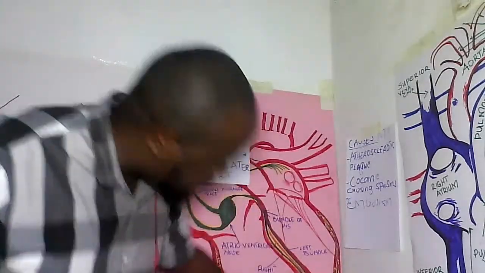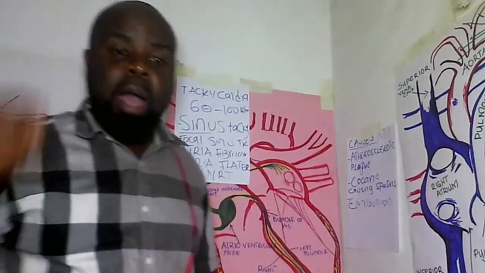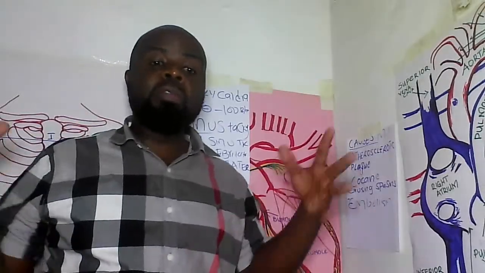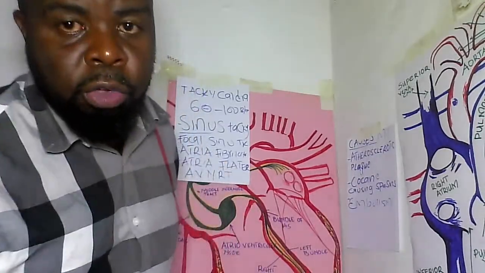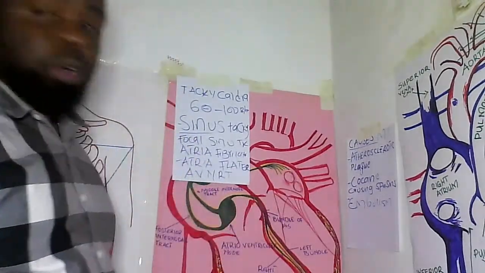And then we have another one, which is called ventricular. Now let's deal with the down, because even down here, your heart can have a problem. You can have a fibrillation, a defibrillation. So what are the problems that we can have in the ventricles?